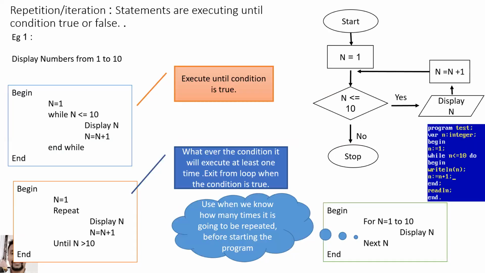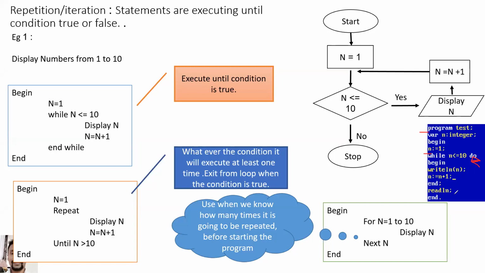Before that, wait. I forgot to tell you about this Pascal program. Here, in the Pascal program, I have taken a variable n in begin, and I assign the value 1. I am using a while loop: while n less than or equal 10, you have to use the word do in Pascal. Then writeln the value, then n equal n plus 1, that is we are increasing, then end.